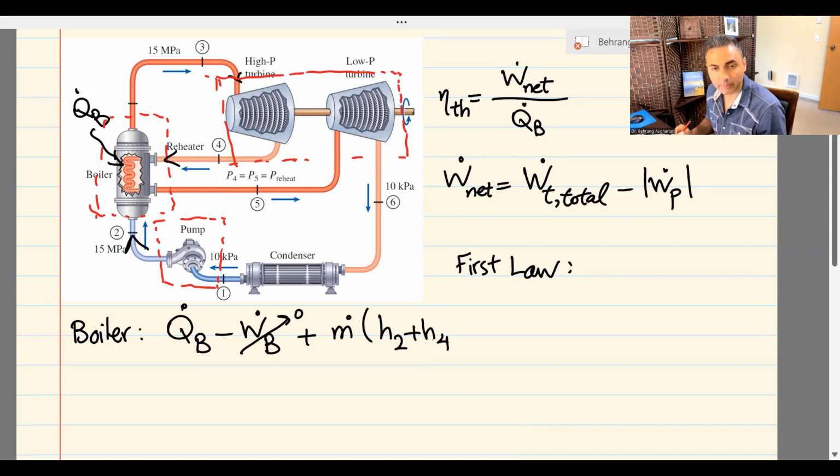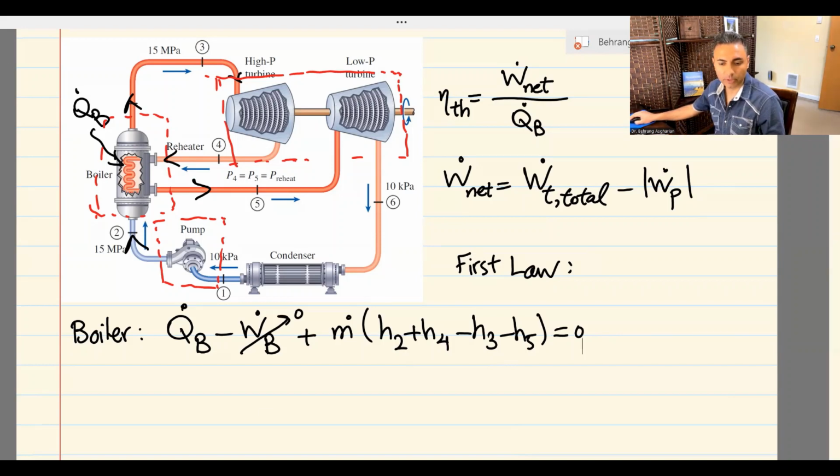Nothing else is going in, but something is coming out. I can see 3 is coming out, and 5 is coming out. So that would be minus H3 minus H5, equals 0. This equation will give me the value of Q dot of the boiler. So this is what you are going to use.